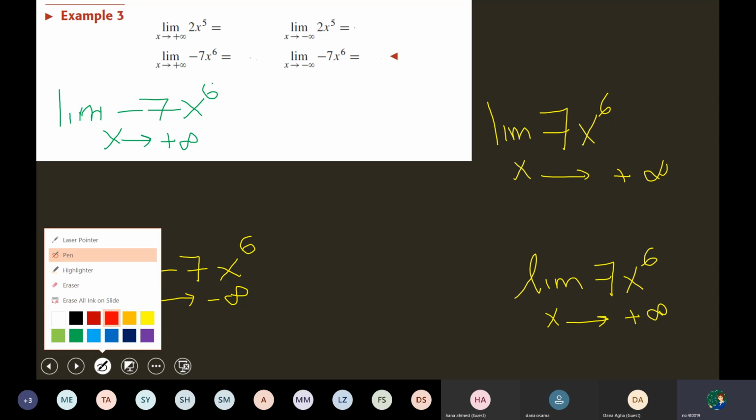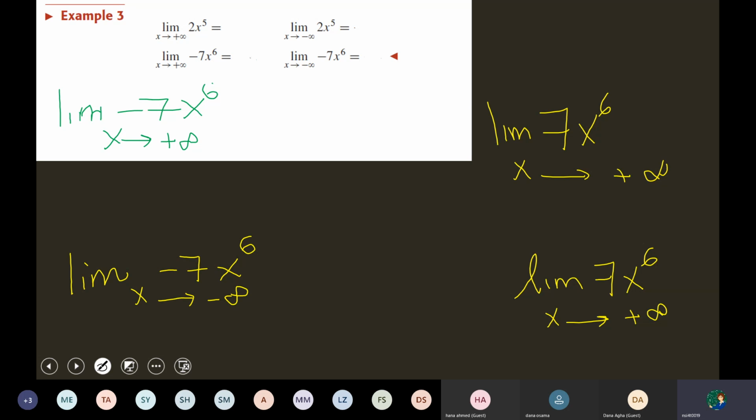Let's start with the first one: limit of negative 7x raised to the power 6 when x approaches positive infinity. What is the sign of the negative 7? It is negative. And if x approaches positive infinity, either the exponent is positive or negative, I have positive infinity. Is it right? Yes. So negative times positive infinity will be negative infinity.